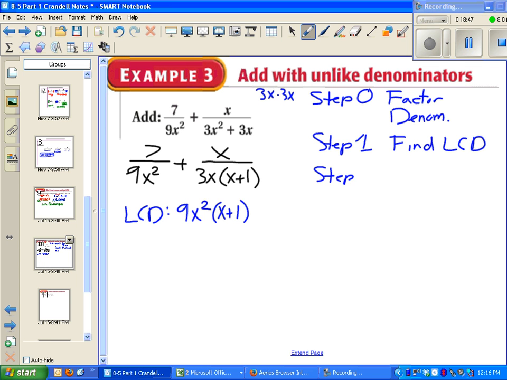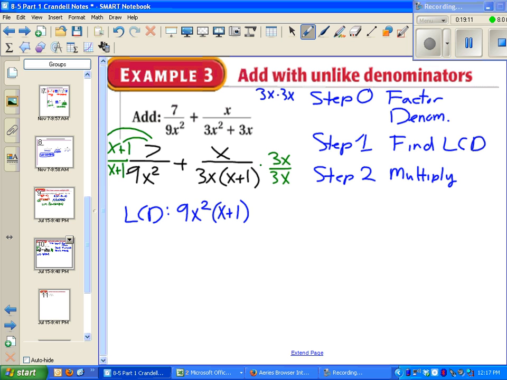Okay. All right, so now we're going to multiply top and bottom by what's missing. So keywords are multiply and top and bottom. And by what's missing. So what's missing from the 9x squared one? Good, x plus 1. What's missing from the other fraction? 3x, good job. Okay, and then don't forget to distribute.